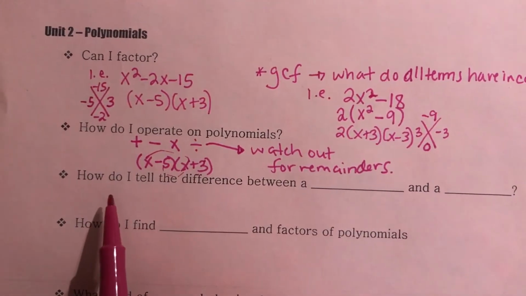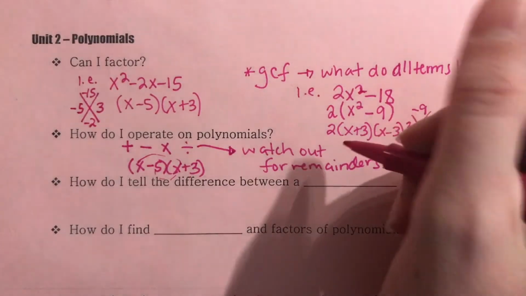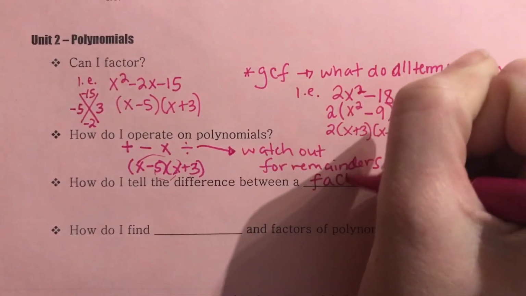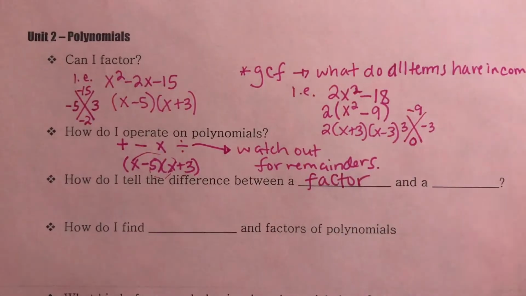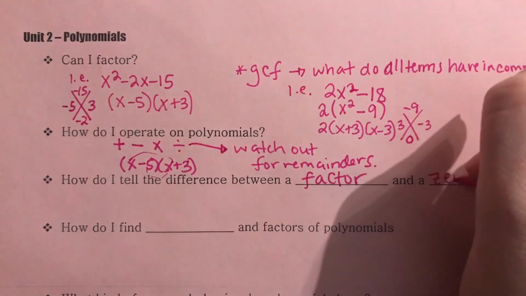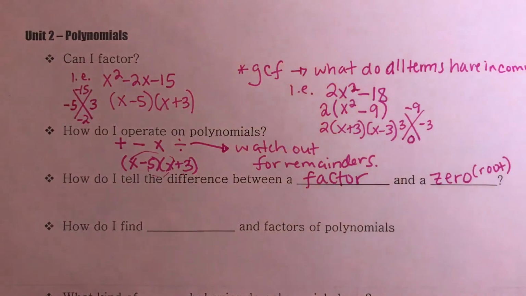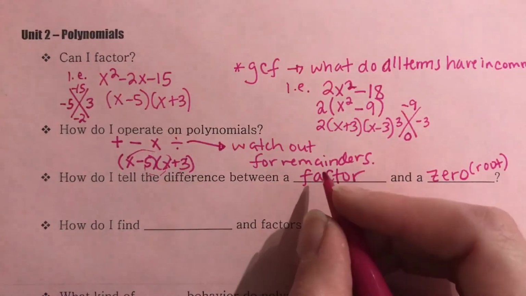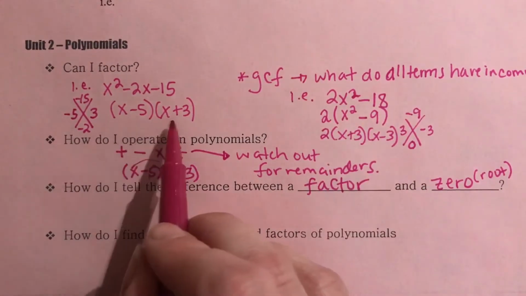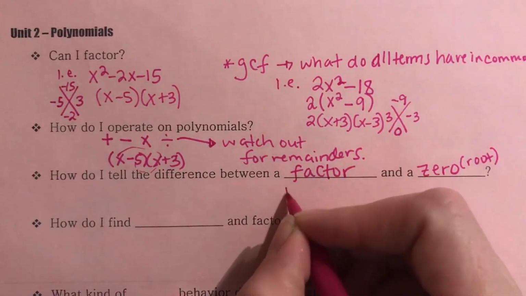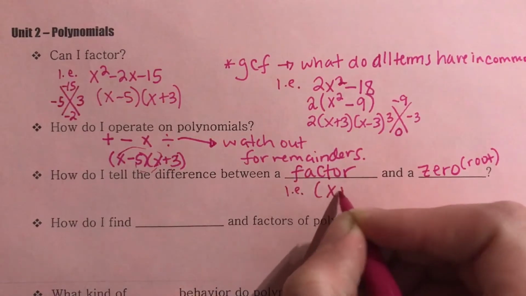So the next part is, how do I tell the difference between a factor and a zero, also known as a root? So a factor is when you see something like we had up here. So for example, x plus 2.